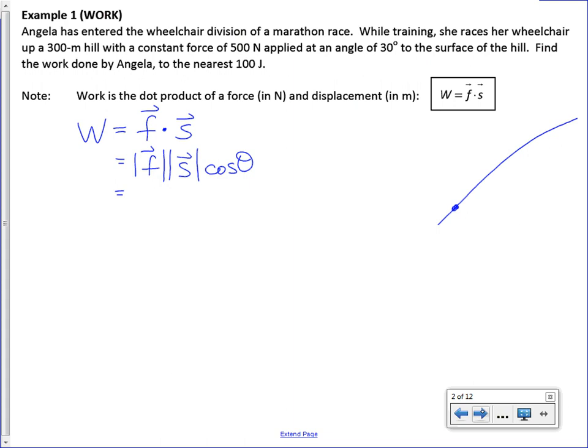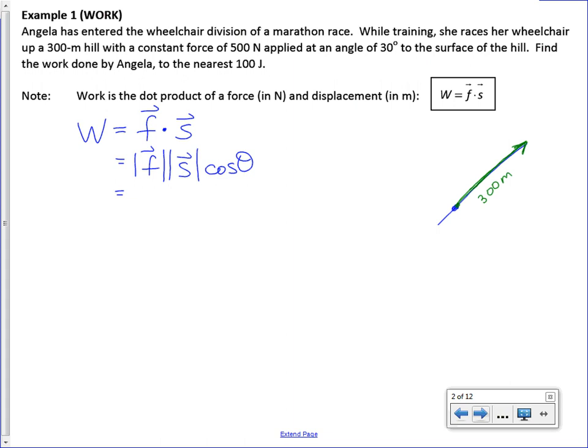First of all, she is going to move 300 meters up this hill. If she's moving 300 meters up this hill, do we agree that her displacement is this green vector that I'm creating right here? And I know that vector has a magnitude of 300 meters up a hill.